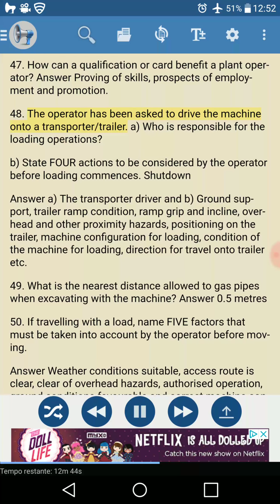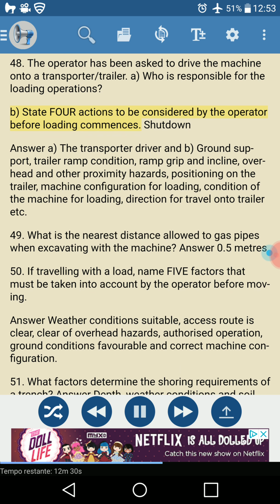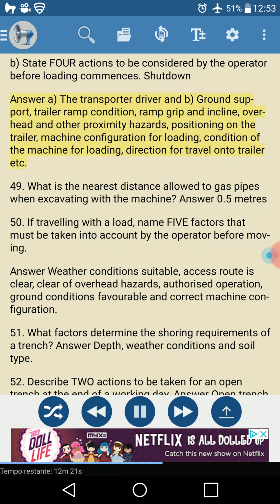48. The operator has been asked to drive the machine onto a transporter, trailer. A. Who is responsible for the loading operations? B. State 4 actions to be considered by the operator before loading commences. Shutdown.